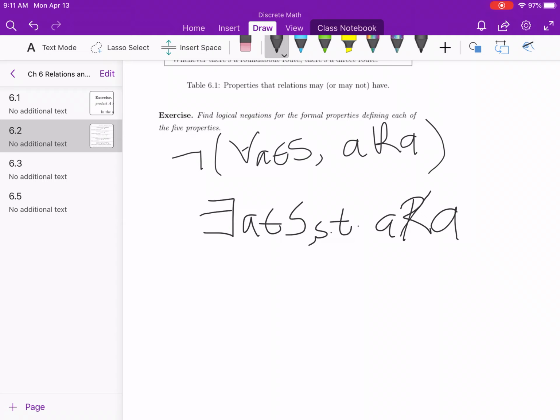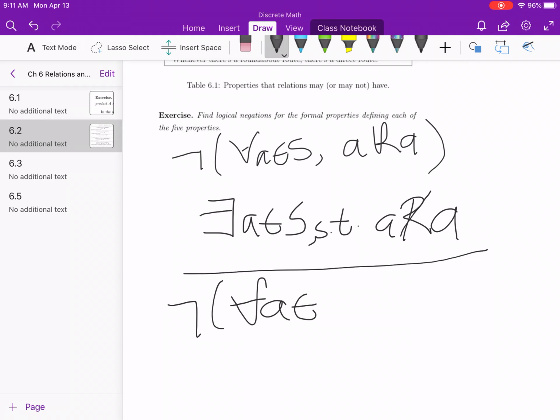And so once again, this is our reflexivity. We could have irreflexive, and we could negate that. Once again, notice that this is a universally quantified statement. So for all A in S, A is not related to itself.